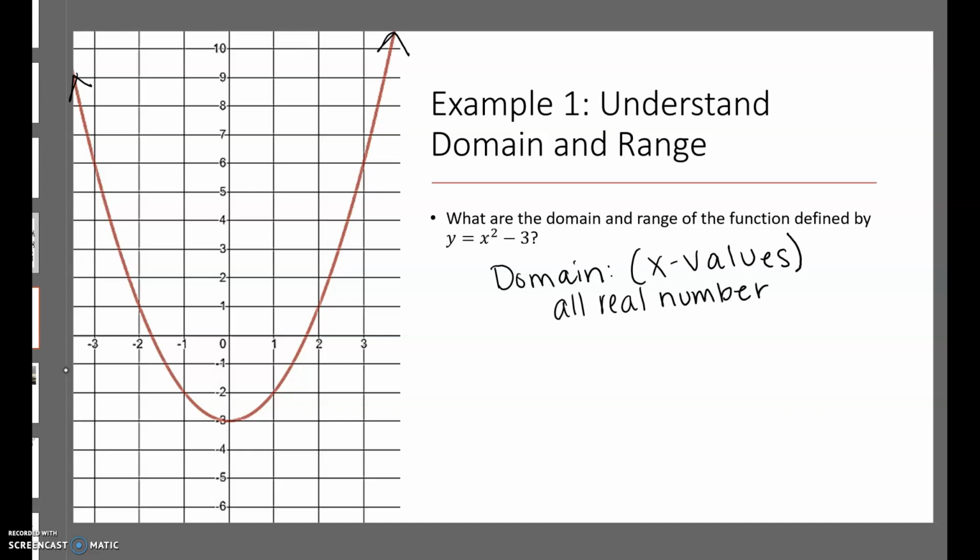So in interval notation, that would look like negative infinity to positive infinity. So again, this was interval notation. And then set notation would be that x is an element of, x is a real number.